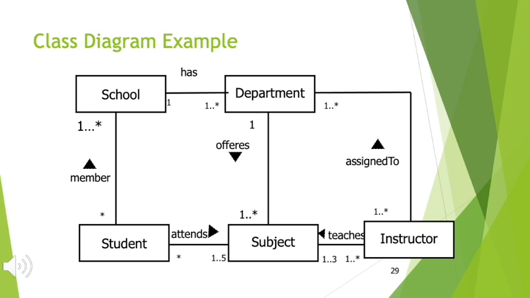You sketch each relationship, and then you combine all the classes, all the components, into one big picture. Now you can see the relationship of each component: we have student, school, department, subject, and instructor, and how each component is connected to the others.